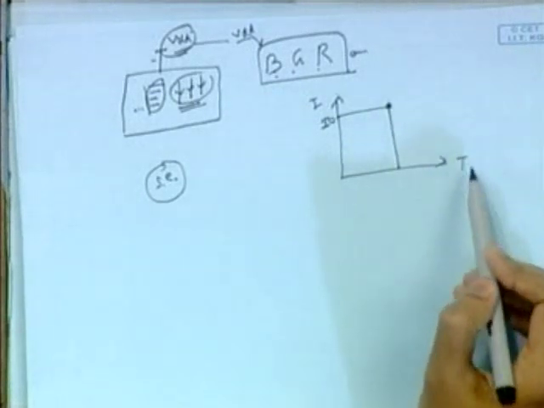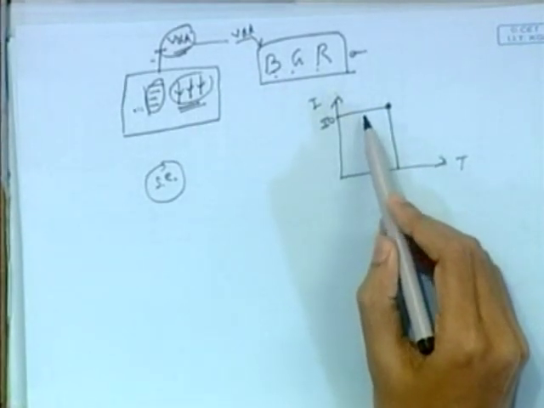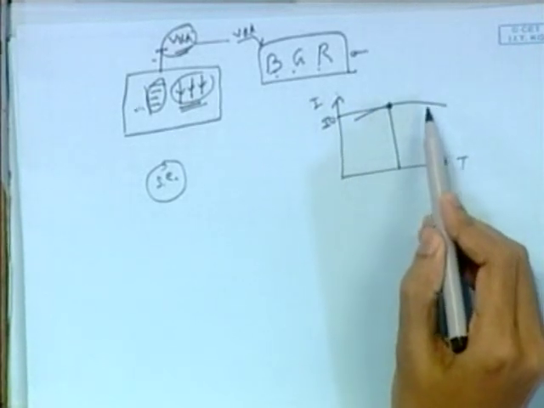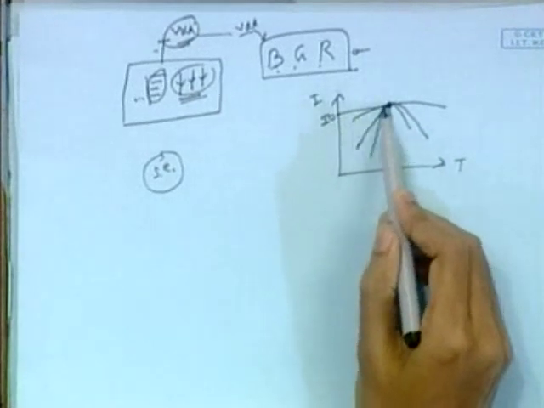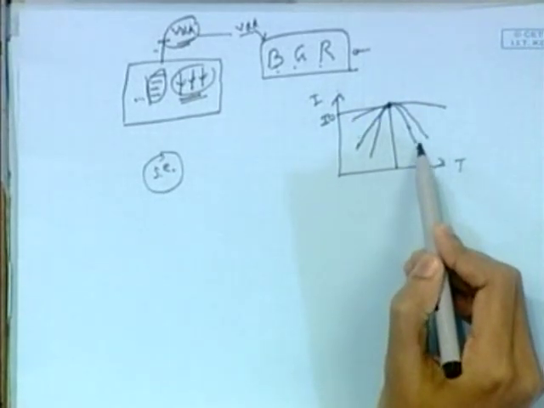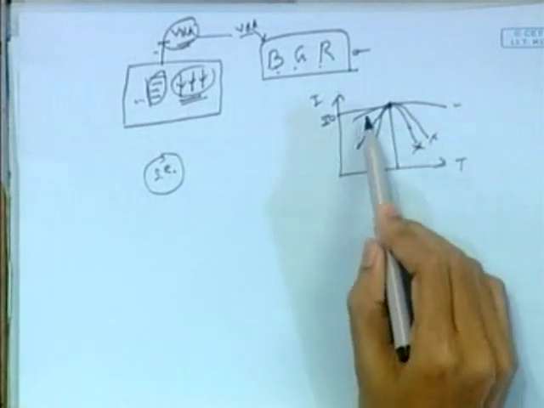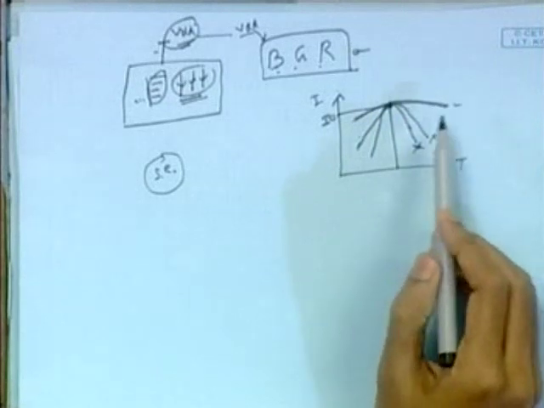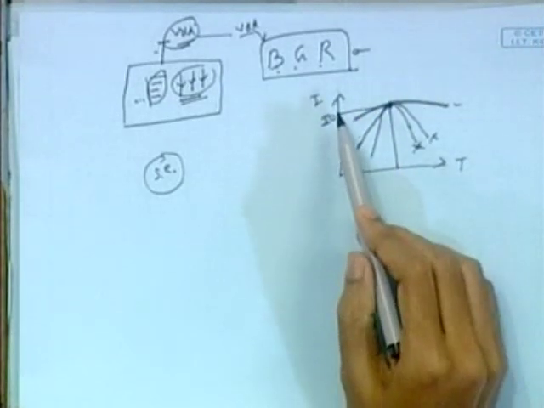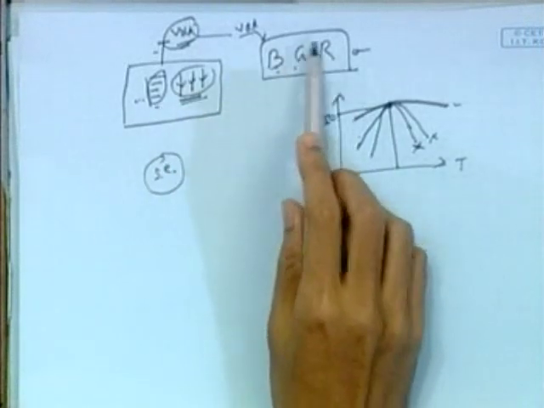But you will see that as the temperature changes, this I0 won't remain constant. This will vary. Now, how will it vary? It will vary like this, or that, or this one. This is the worst case. We don't want to have this, but this is okay. So it won't vary much with temperature. Such kind of temperature insensitivity of these reference currents and voltages also can be built into the BGR.